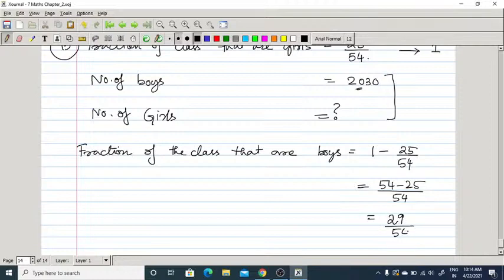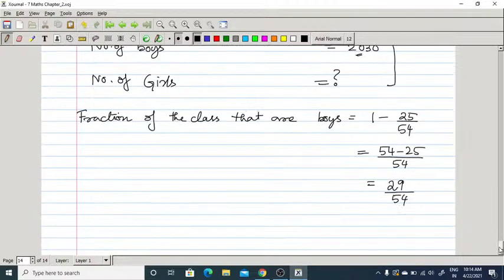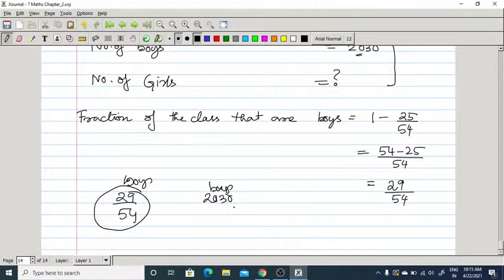29 by 54. So now we know that 29 by 54 is boys and 2030 is also boys. So my purpose was to bring both the fractional representation and the actual number representation of the same category.